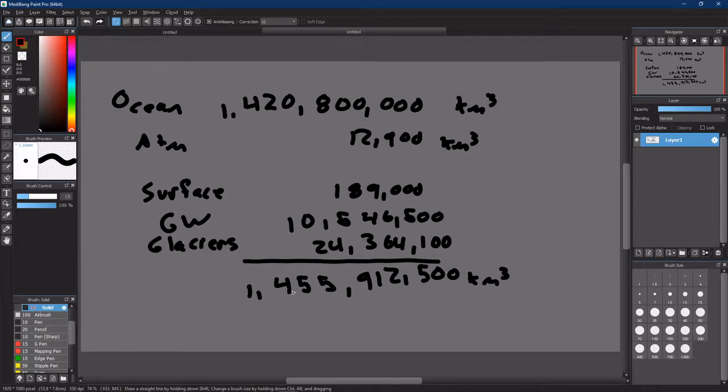So as you can see, that number is largely dominated by the amount that's in the ocean. If you didn't have the oceans, we'd only have a tiny fraction of water on the Earth.